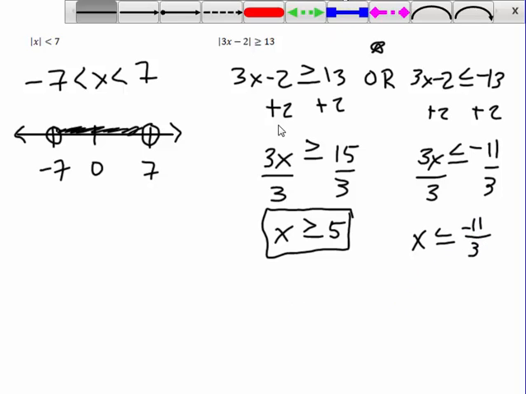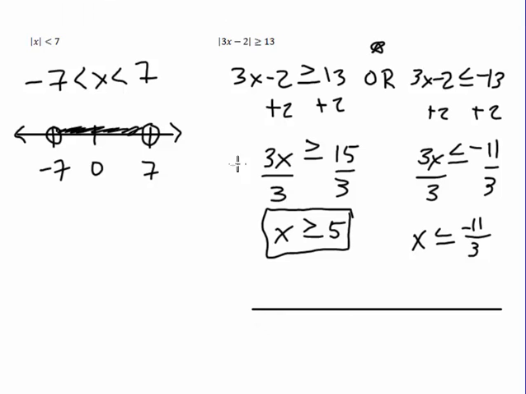Now we can graph that on a number line here, and get negative 11 thirds over here, 0, and here's 5. It's going to be closed at 5 and closed at negative 11 thirds. So x is bigger than 5, so we're going to shade to the right. X is smaller than negative 11 thirds, so we're shading to the left. Not too bad.